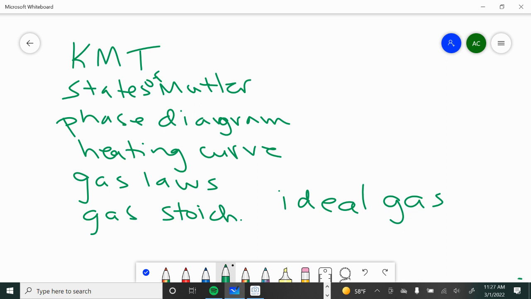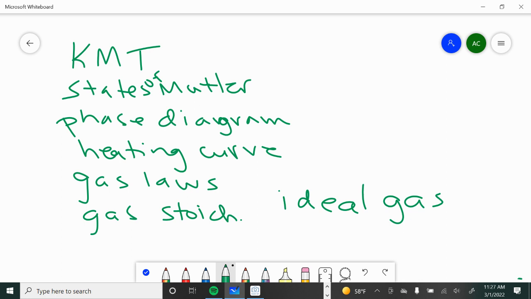You need to know about your three states of matter. When we get to solids in your notes, we talked about crystalline solids and amorphous solids. Make sure you know the difference between those two. Know what freezing is, what melting is, all those types of things.